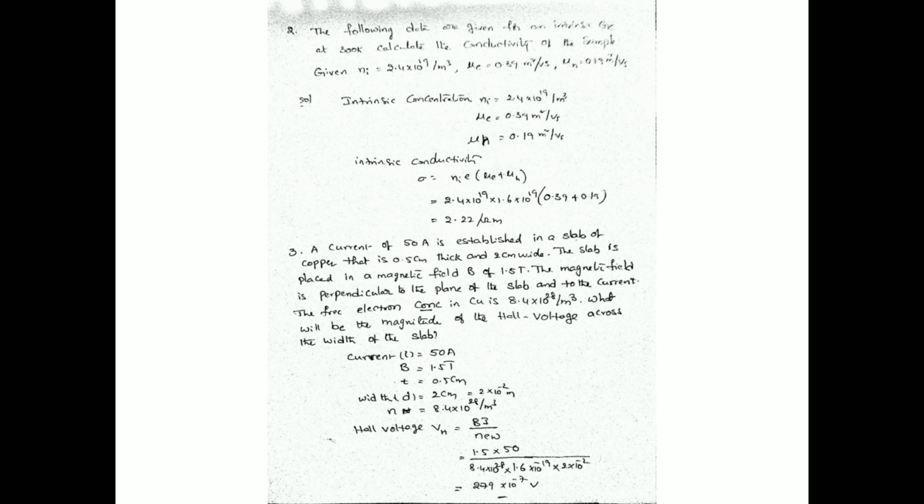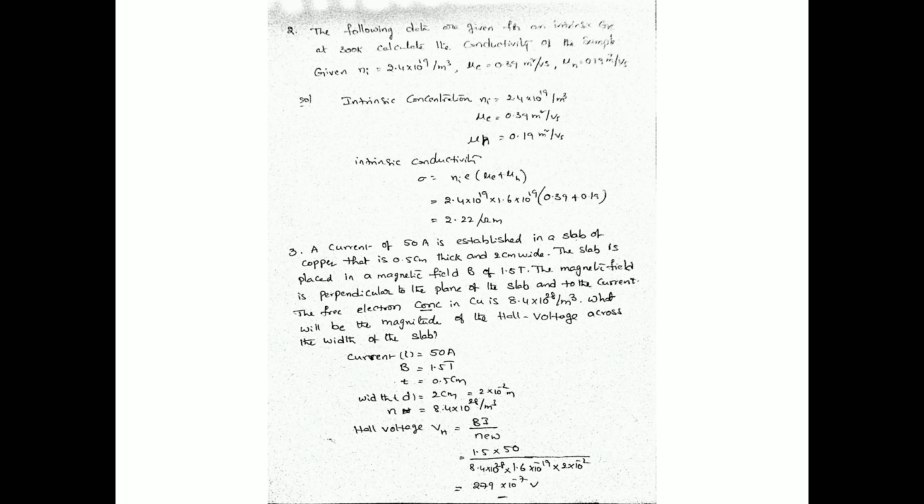So here you find the Hall voltage. Given data: current I is equal to 50 ampere, magnetic field 1.5 Tesla, thickness 0.5 centimeter, width W is equal to 2 centimeters, which you change into meters, and density 8.4 into 10 power 28 per meter cube.